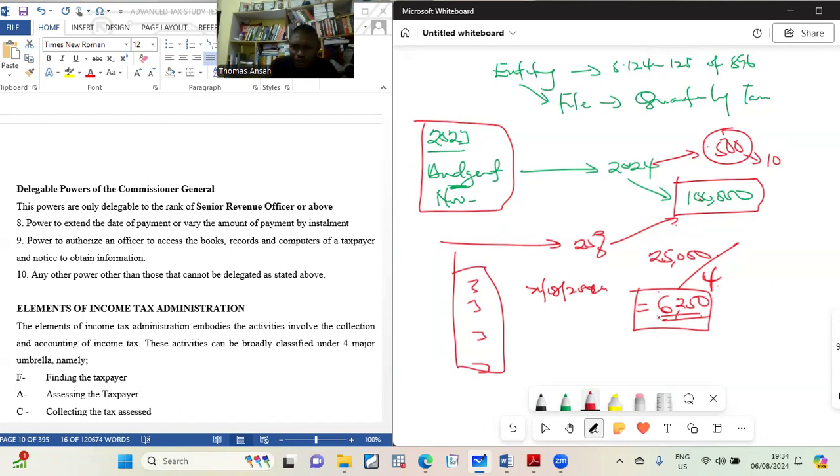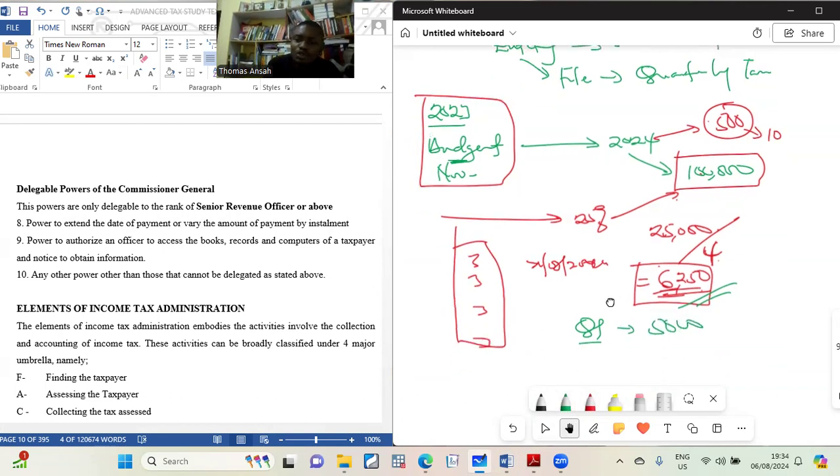So every quarter you are supposed to be paying 6,250. But you can go and meet the officer and say, Chief, this quarter, I don't have the 6,250, so I want to vary the amount. So instead of Q1, if I'm supposed to pay 6,250, I'm saying that, Chairman, I don't have 6,250, so let me pay 5,000.